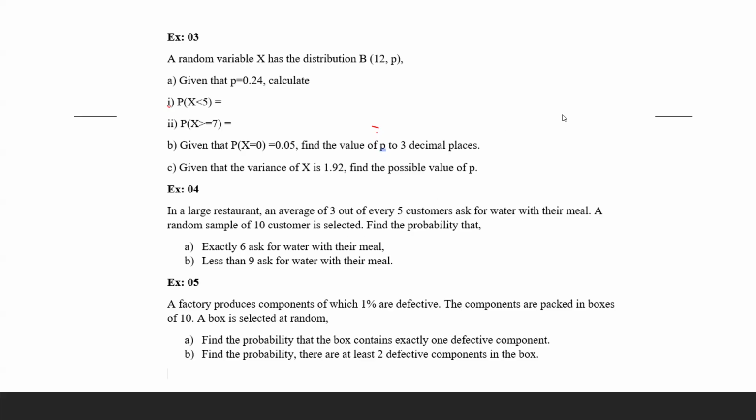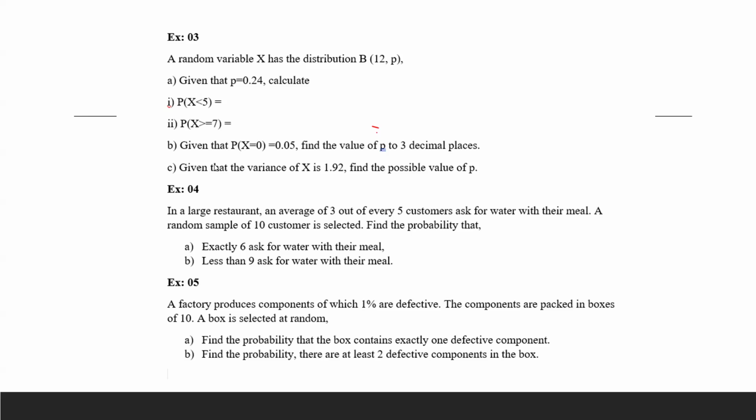Okay, good. Two persons sent me the same answer. I think that answer is correct.